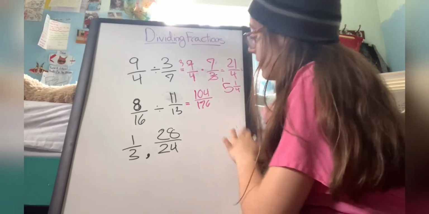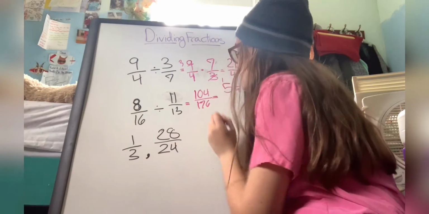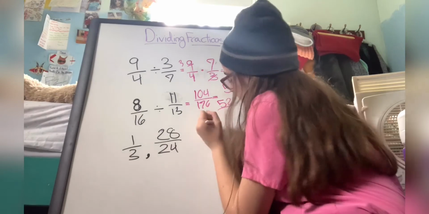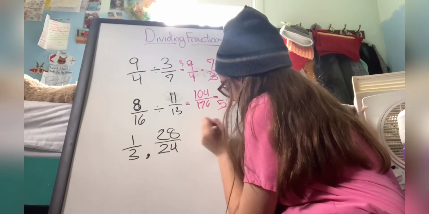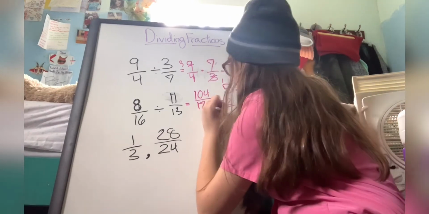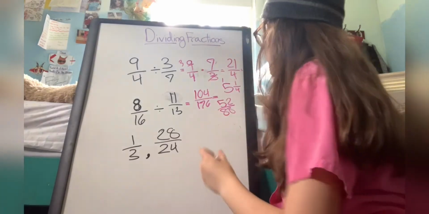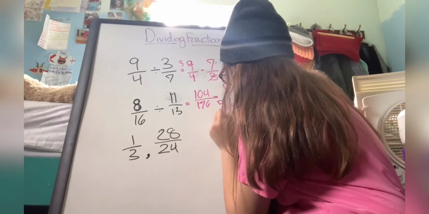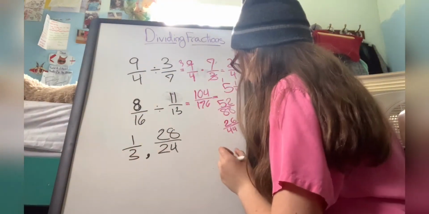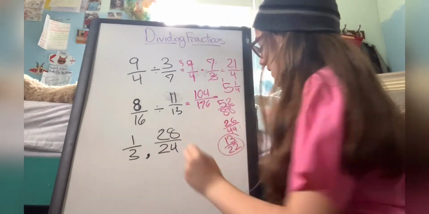Now that does simplify because both are even, so that simplifies to 52 over, now I have to do the division quick, bear with me, 52 over 88, which can be simplified again to 26 over 44, which can be simplified again to 13 over 22, and 13 is prime, so that's as far as you can go.